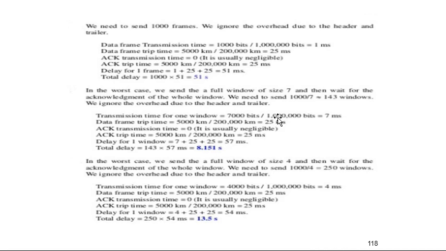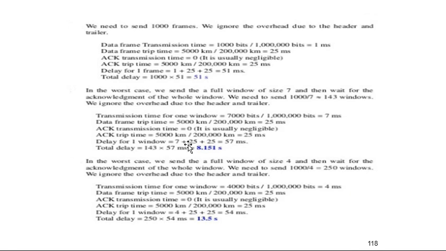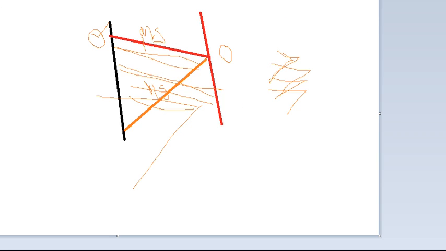Now data frame transmission time. Oh, I'm so sorry, actually this was like this.